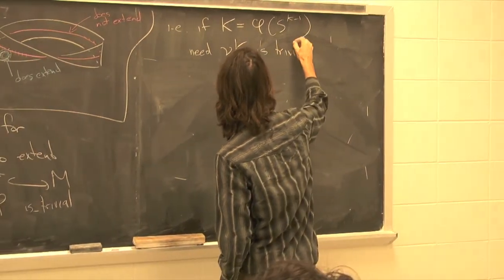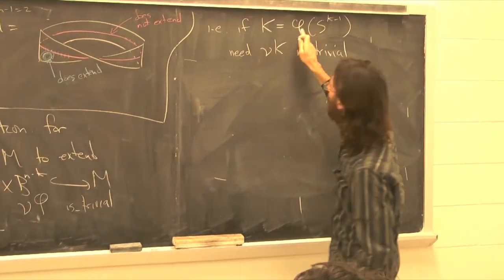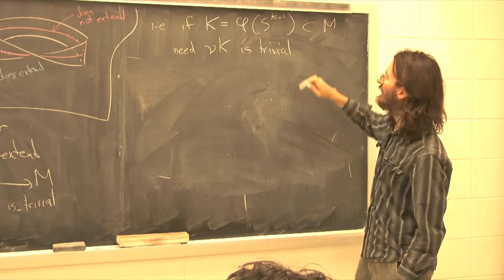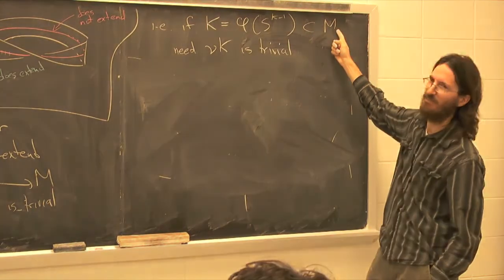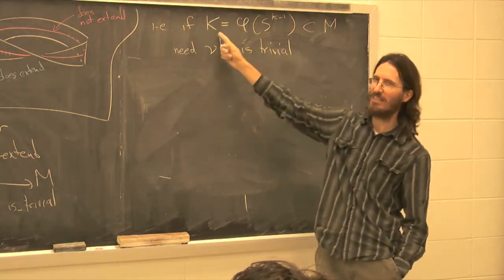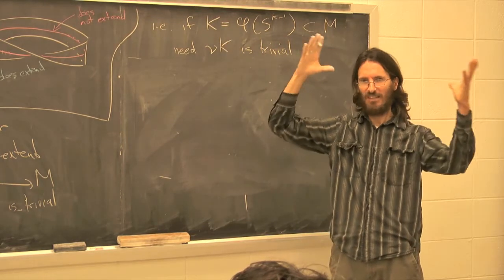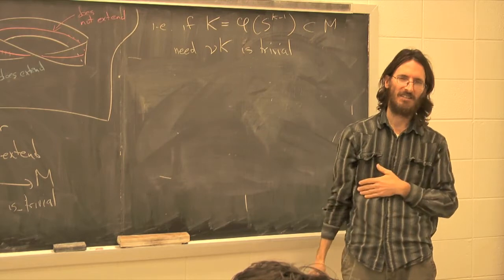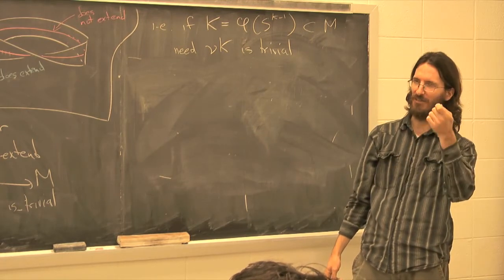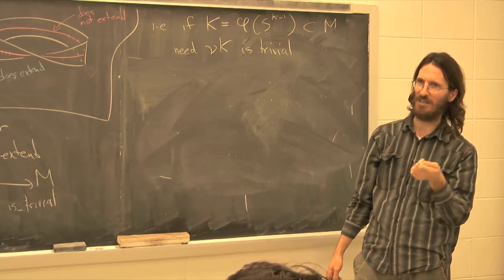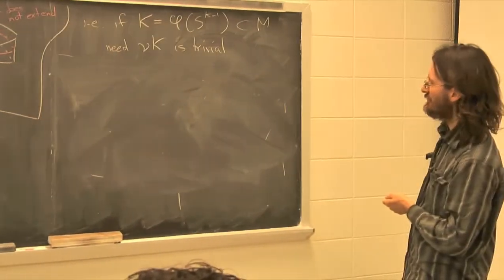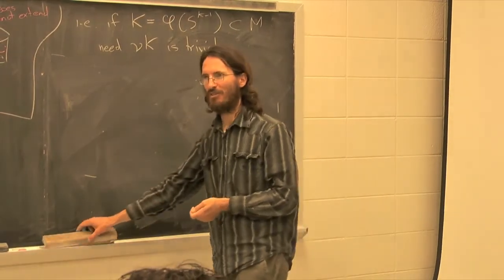If you've forgotten what the normal bundle is, take a metric on your manifold M, and then you look at the tangent bundle of M restricted to K, and then you take those vectors that are perpendicular to the tangent vectors to K, right? And that's a sub-bundle of the tangent bundle of the manifold over K. And so not all bundles are trivial.